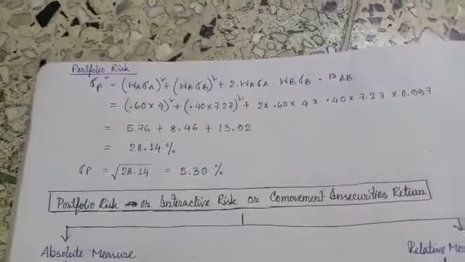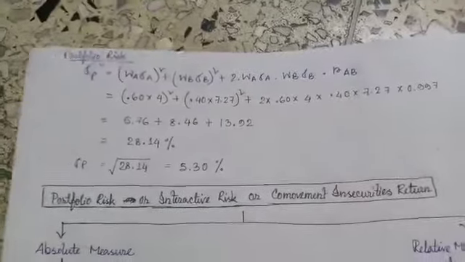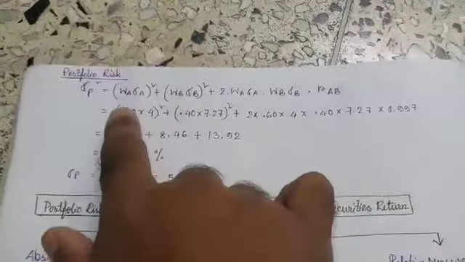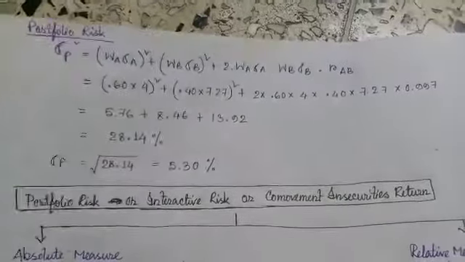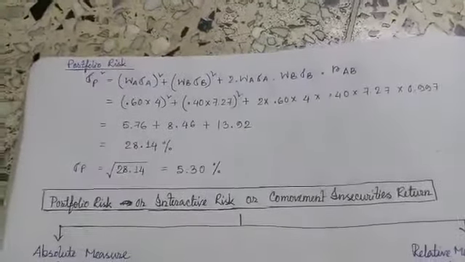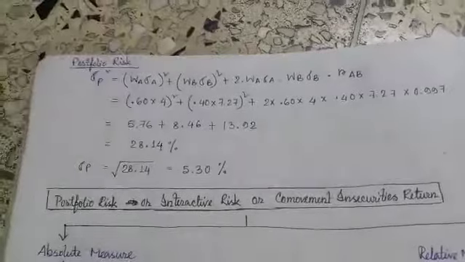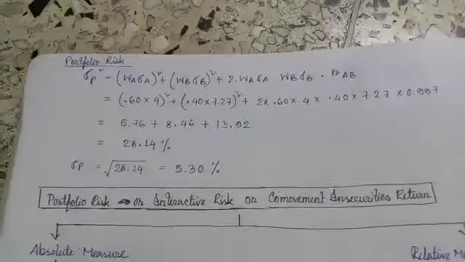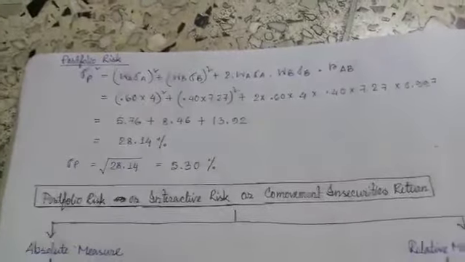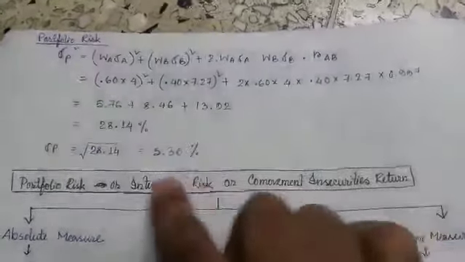Whenever we have to calculate the risk of a two asset portfolio, we have to use this formula. After calculation of the variance of the portfolio, we have to calculate the standard deviation of that portfolio by taking the root of the variance, and then we will get the result of the risk associated with the portfolio. Here it comes to 5.30%.